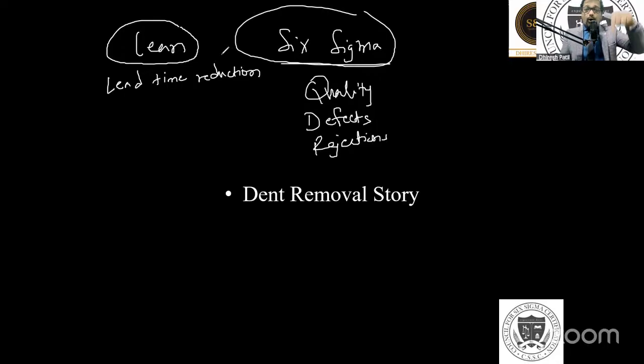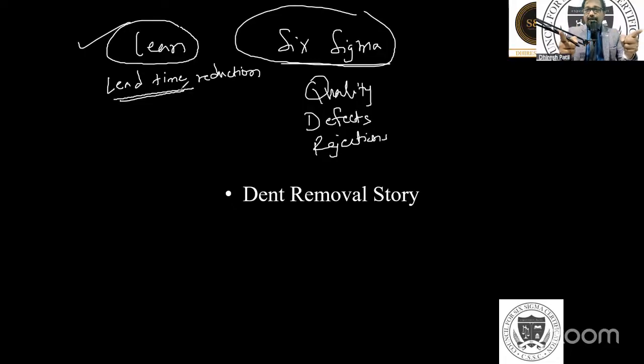So today's topic which we are discussing is coming from lean, which is VA-NVA analysis. That is used majorly to reduce your lead time. When the lead time gets reduced, you can deliver the services and products faster to the customer. The speed of the process increases because non-value added activities are eliminated from the system.